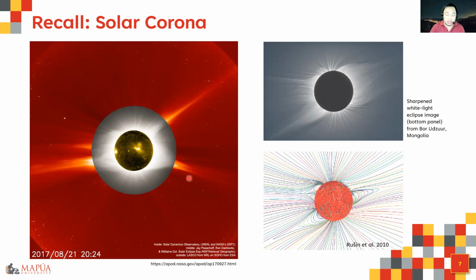Just like the chromosphere, we can observe the solar corona via a solar eclipse, where you can see the coronal structure, which corresponds to the magnetic field line configuration of the sun.